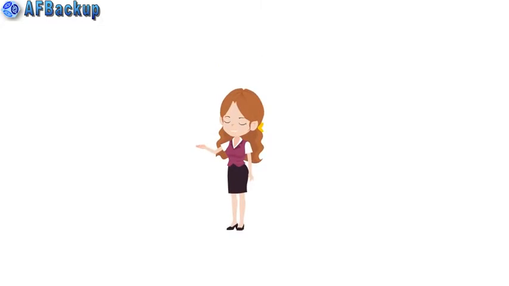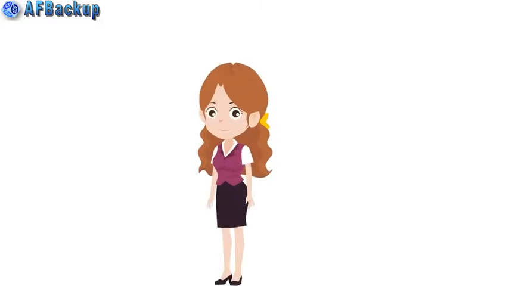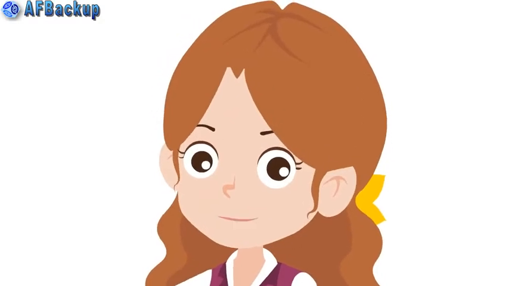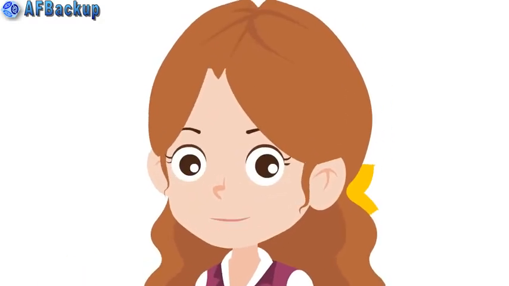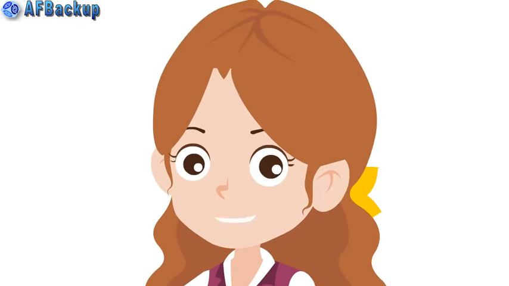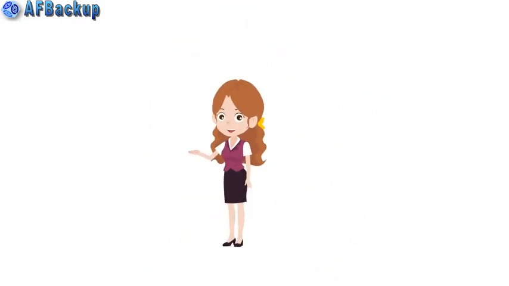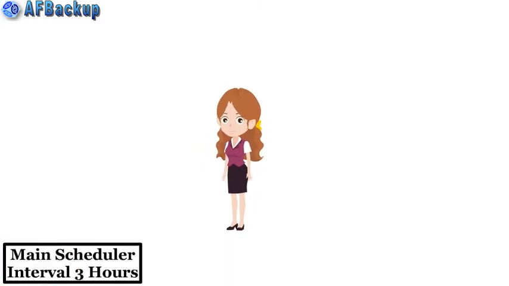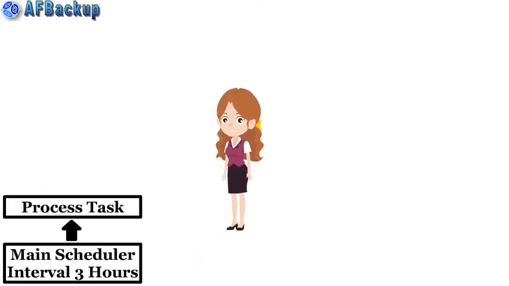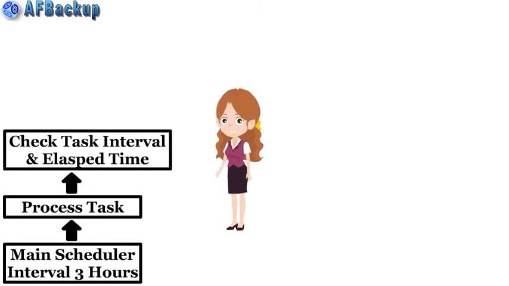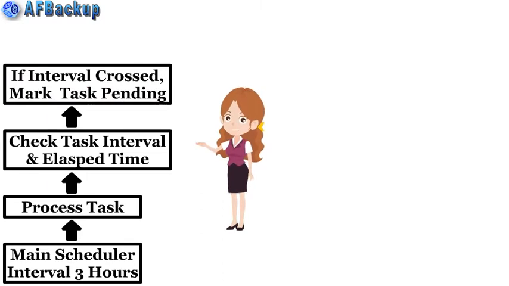I have already explained how Afbackup executes all tasks automatically, and the role of the main scheduler. And finally I will cover the entire process, in brief. Considering the main scheduler is set to 3 hours, it will process all tasks when the interval time is reached. At first, scheduled task interval is checked, and if interval is reached, the task is marked as pending.